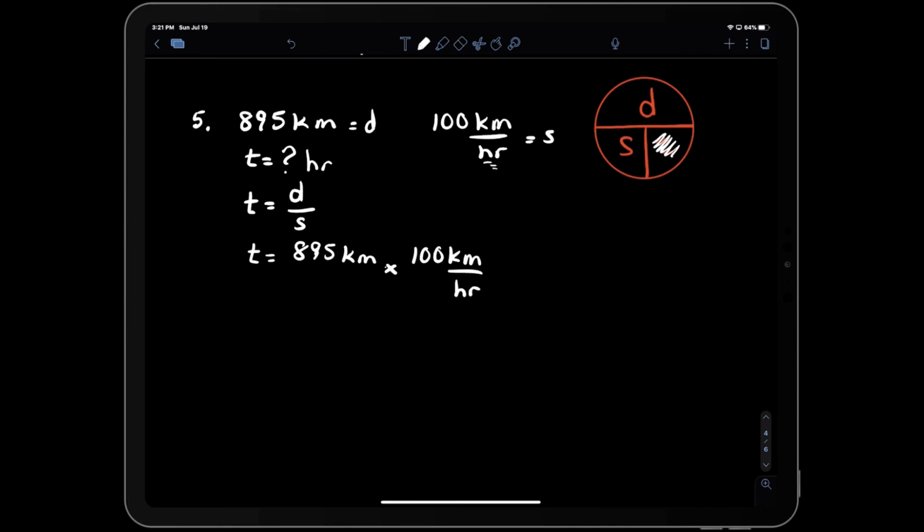Oh, the small issue is I plugged it in wrong. So let's put this in right. We have our distance, and we're going to go divided by. There we go. See, that's why we want to put down all of our work. So we'll have divided by 100 kilometers per hour. And when we divide that out, you should come up with a time of 8.95 hours is what it's going to take for you to travel that distance.